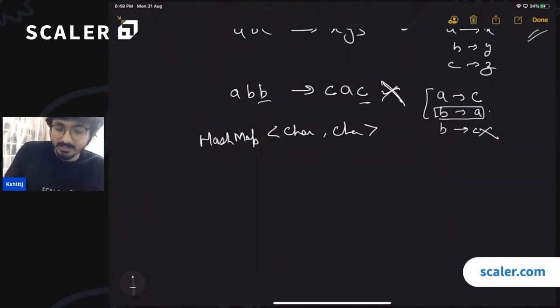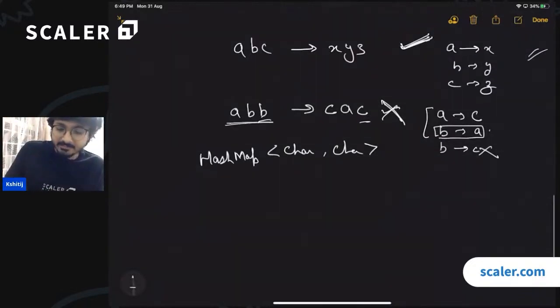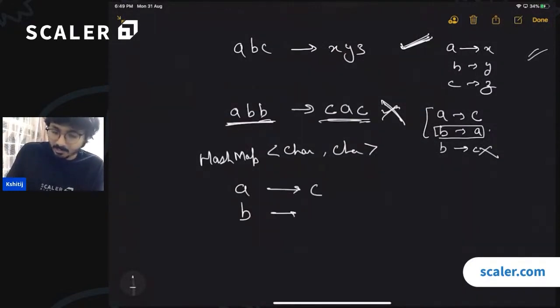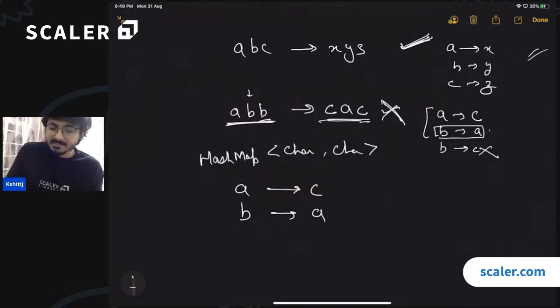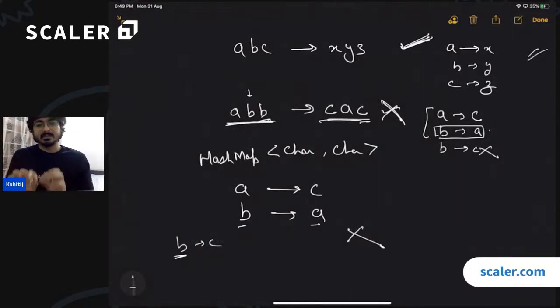So the key is going to be the characters of string A. Let's say I am creating the map for these two strings: I will map A to C, then I map B to A, and every time I'm adding an entry to the map, I always check whether that key is already present or not. So when I add the last mapping, which is B to C, I see that B already has a mapping, so I can return false.